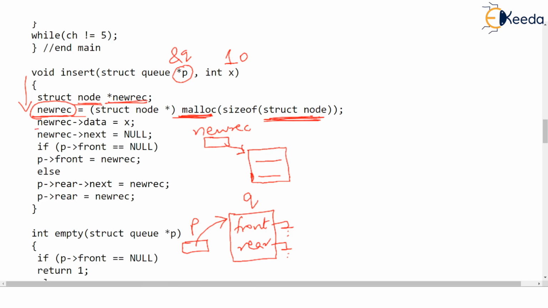Every node can store two things, data and next. Now the next line is newrec arrow data should be 10 because x is assigned. So here we go, newrec arrow, this data field should be 10. And the next line is newrec arrow next should be null. Watch this, newrec arrow next, this next should be null. And indeed it should be, isn't it?